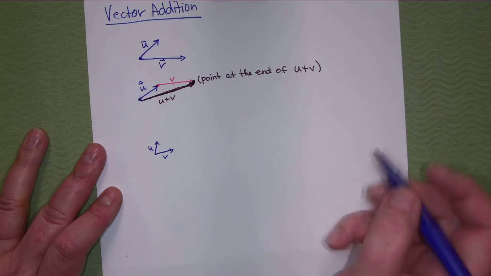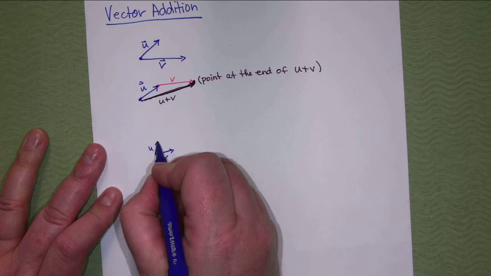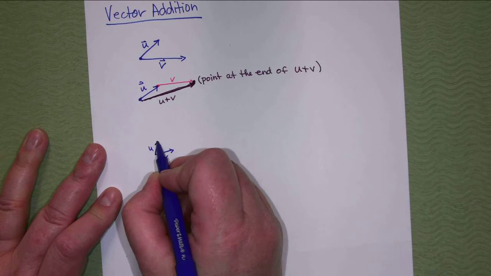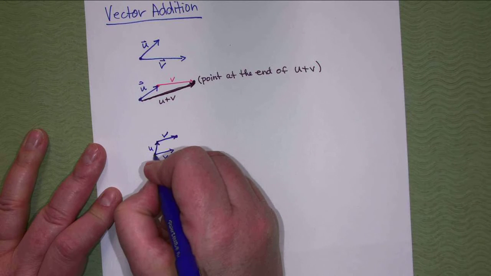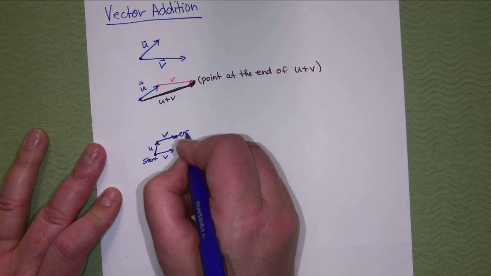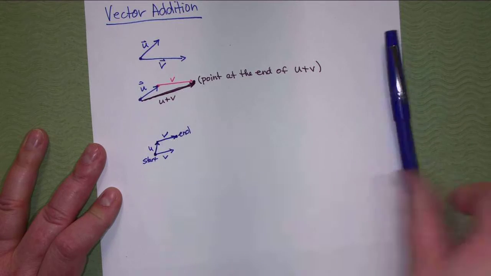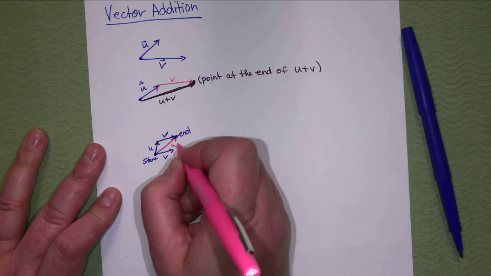If I wanted to show where u plus v is, I go u, and then add v onto there, plus v. This is your start point, where you started u. The end point is where you ended with v. And that start and end give you the vector u plus v.